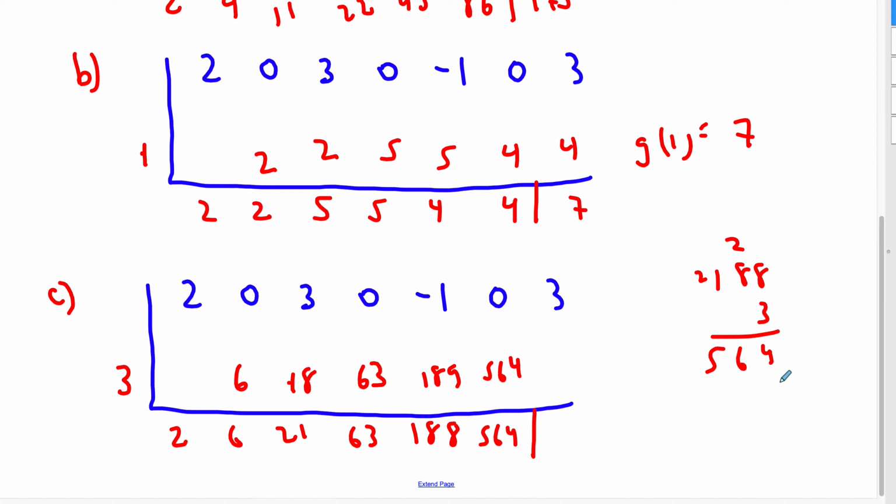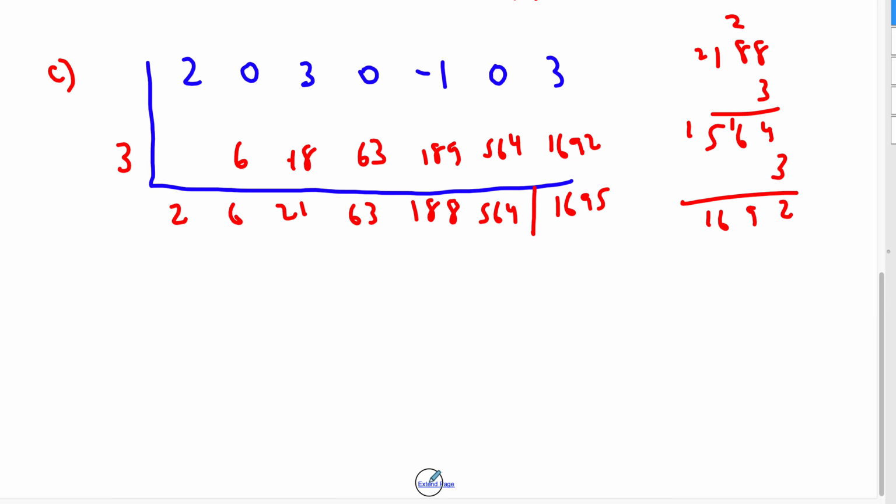And now I need to do 3 times that, which is 1692, and add, which means that g of 3 equals 1,695.